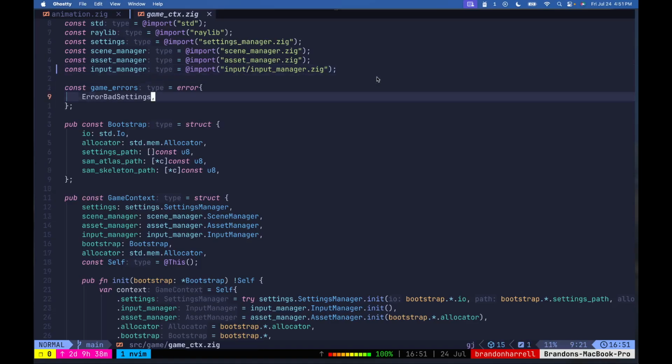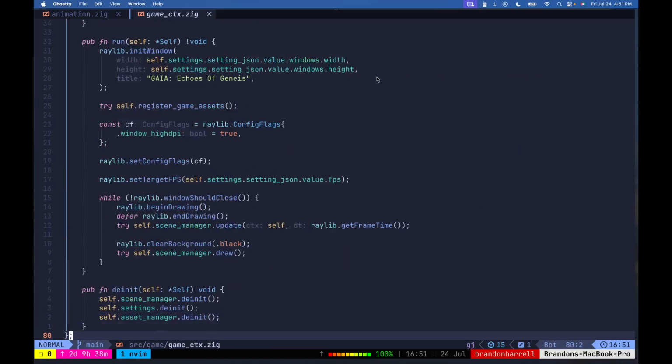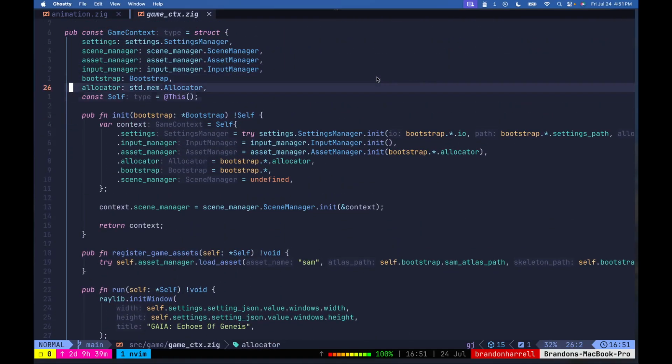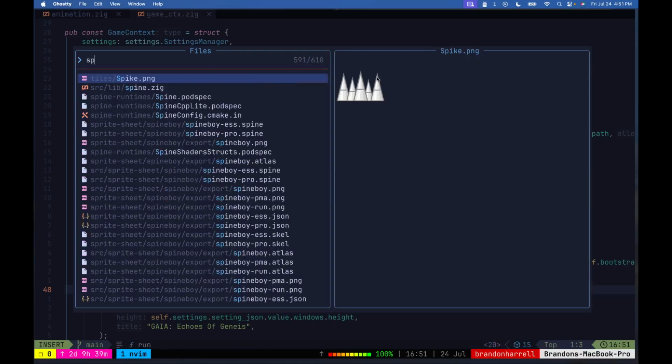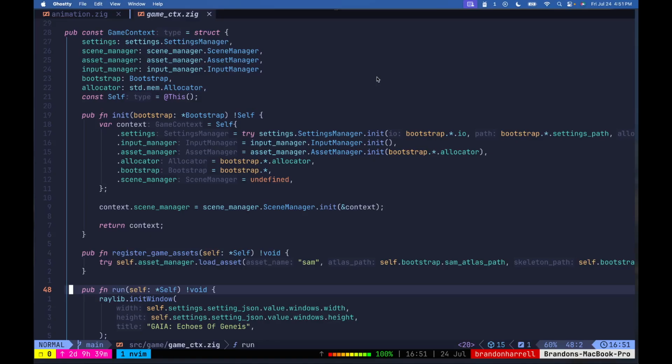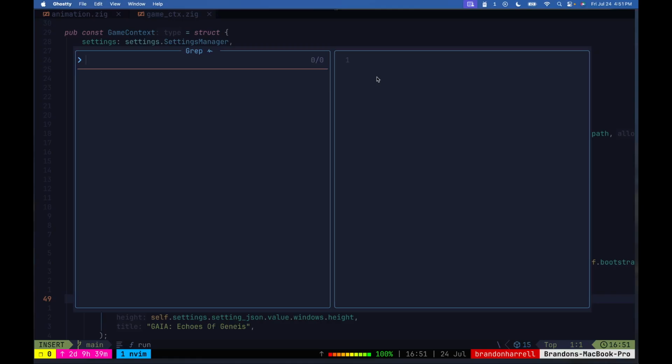One day I need to go over the game architecture, but the Spine C library also has a callback mechanism, and I want to say SP... I can't remember where this is located. Let's see.